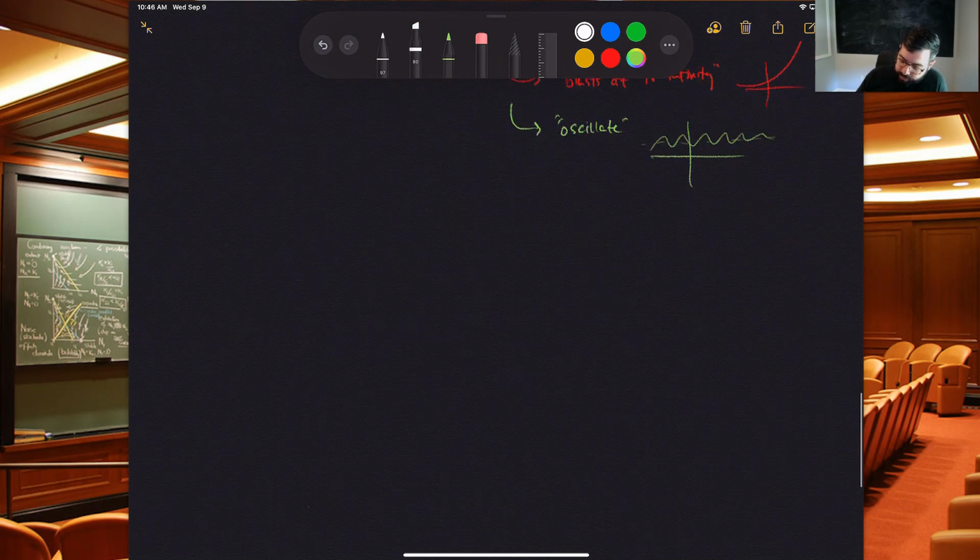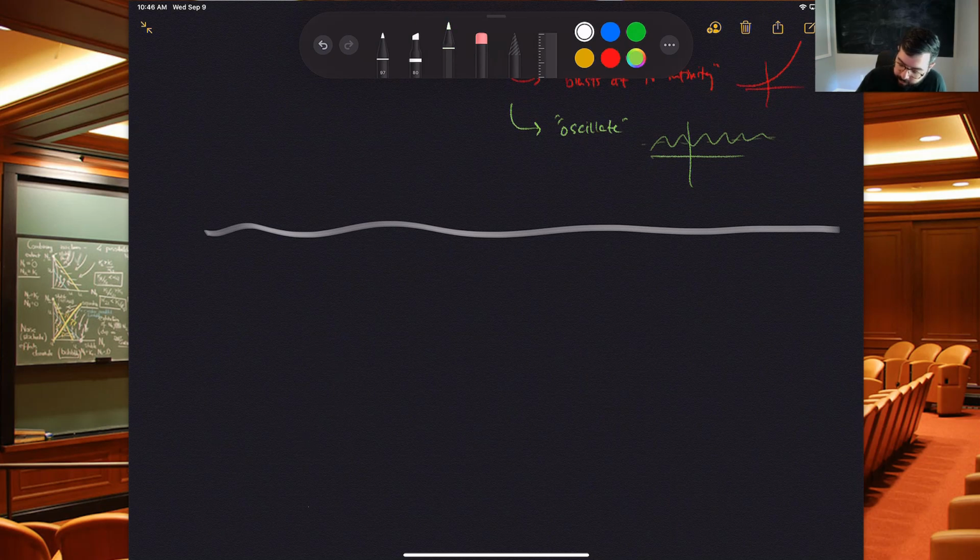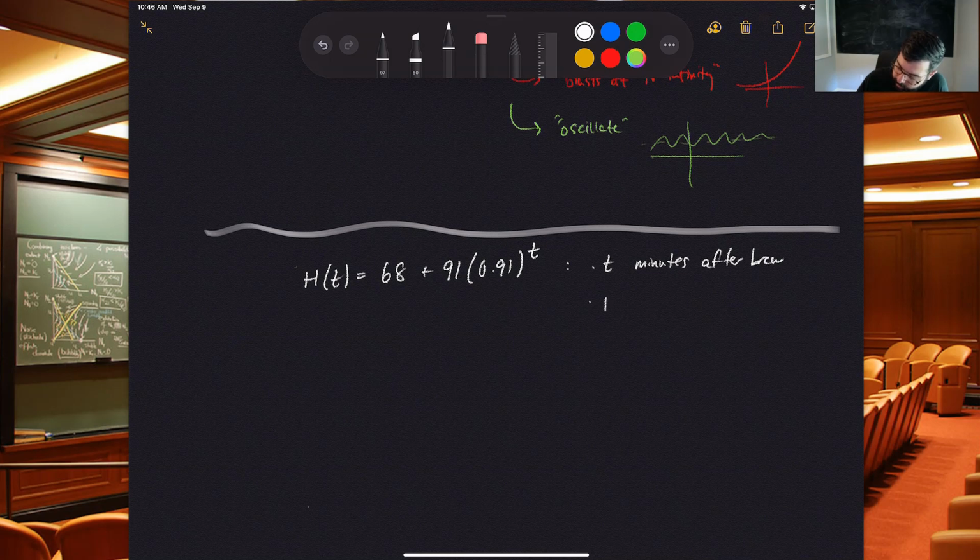So one way you'll see this written is, let's say given a function, and here is the temperature function. Actually, we use h here. The temperature of a coffee cup brought to class, or the coffee inside the cup when brought to class, t minutes after brewing. h is the temperature of the coffee.